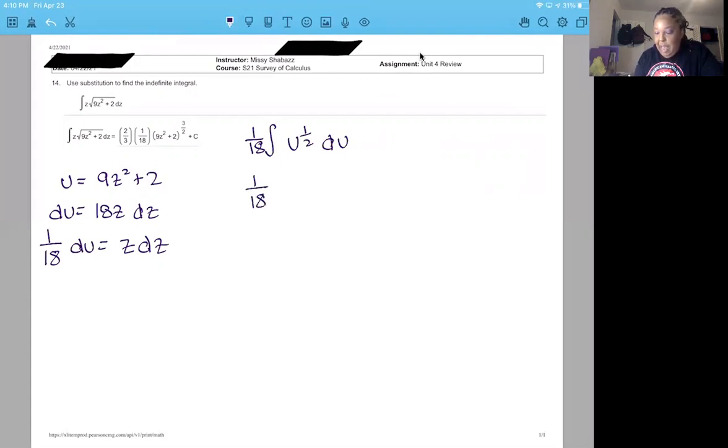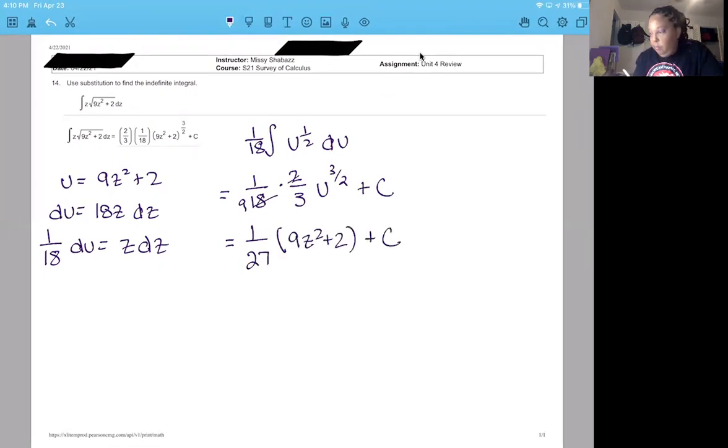All right, I'm going to add 1, which gives me 3/2, multiplied by the reciprocal, 2/3 u to the 3/2 plus my constant. 1 over 27, plug back in my u, 9z squared plus 2 to the 3/2 plus c.